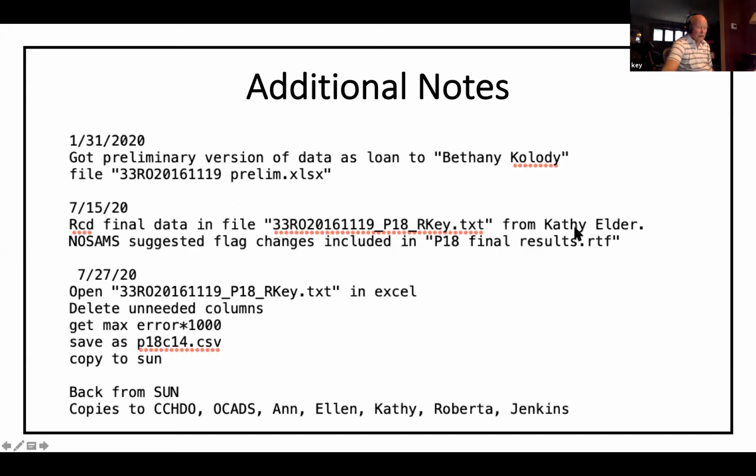This was the file and the letter that we looked at the beginning of this talk, and I showed the flag changes. Once I finished doing my QC, I always, of course, go back and compare my flags to those suggested by the lab and make sure that we agree.